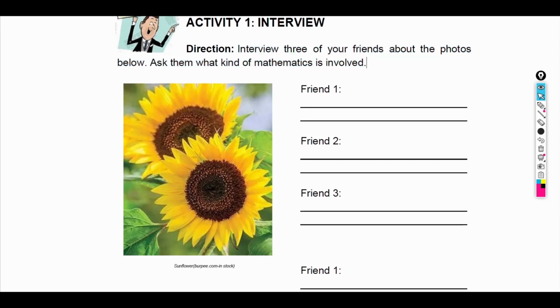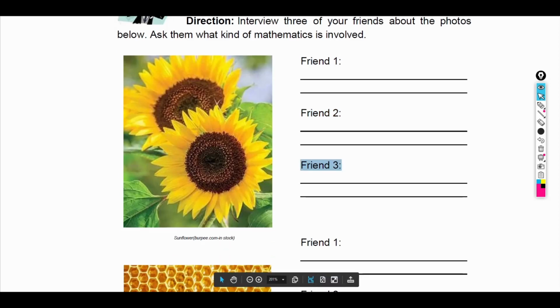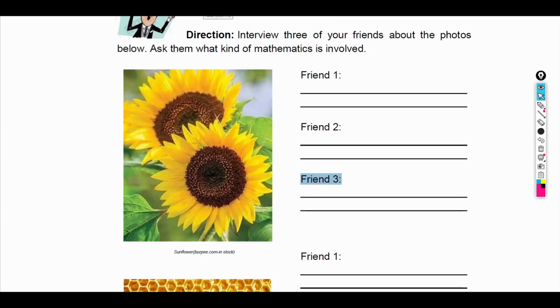If you notice this picture, relate this to mathematics. So, you ask 3 of your friends or classmates to analyze the connection of the sunflower picture to mathematics.